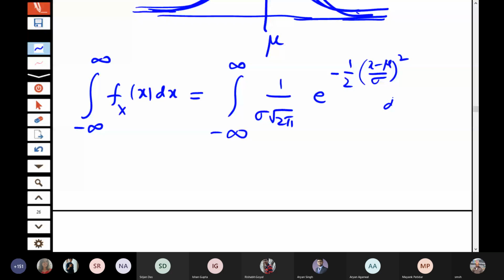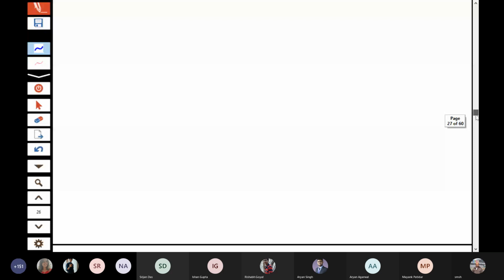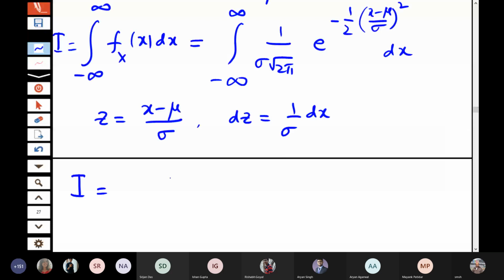If you look at this form, it immediately suggests that we should have a substitution of the type z is equal to x minus mu by sigma. If you put that, then this integral becomes 1 by root 2 pi e to the power minus t square by 2 dt.